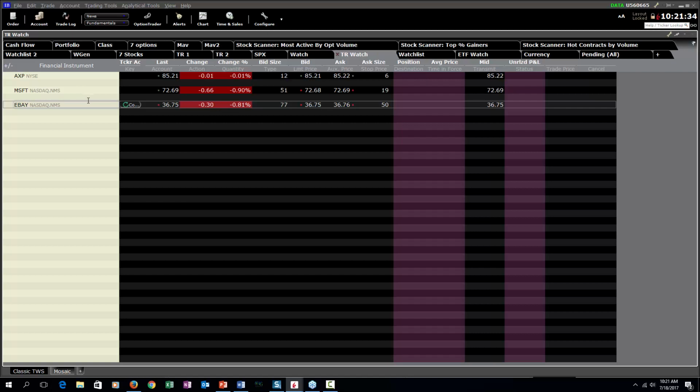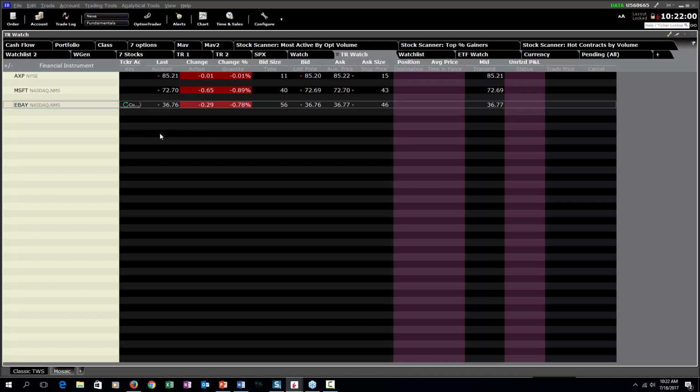As we look at this further, all of these stock prices are different, but it all works on percentages. You can see that even today, American Express has very low volatility, a very small percentage change. Microsoft and eBay are moving a little bit more, with a little more volatility for today.